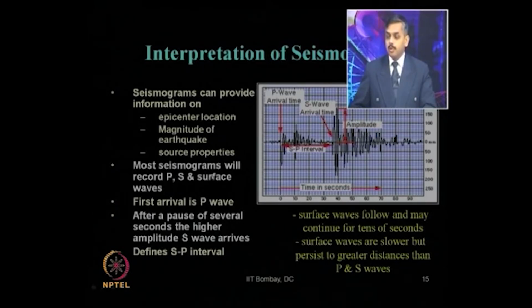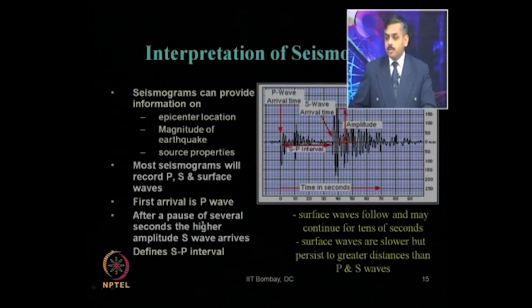Most seismograms will record P wave, S wave and surface waves, provided they are not located in the shadow zone of either the P wave or S wave. The first arrival of the wave, as we already know, is the P wave.